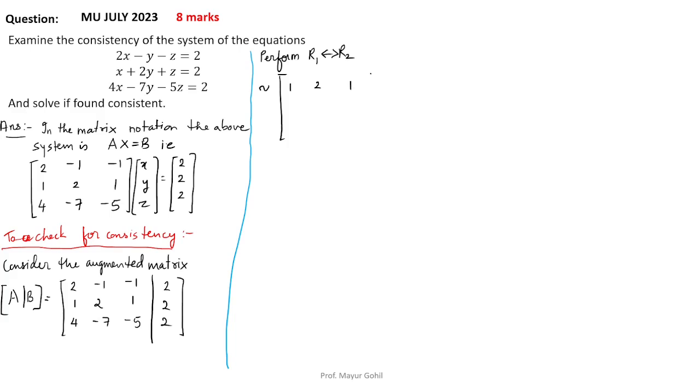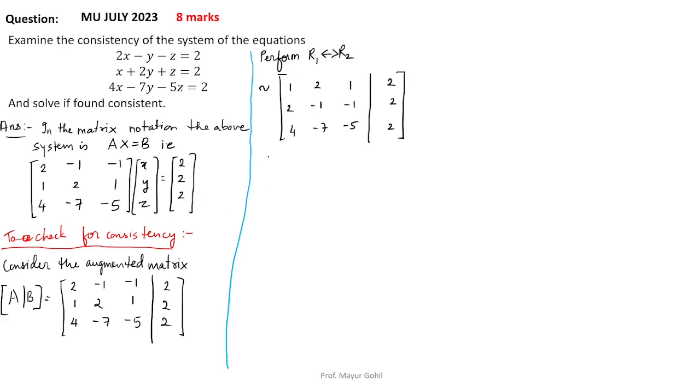So here I have this. Here we will have 2 -1 2, and here there is 4 -7 -5, and here there is 2.